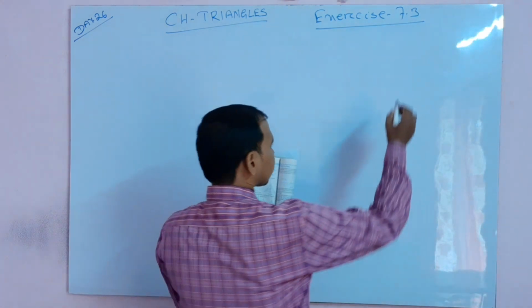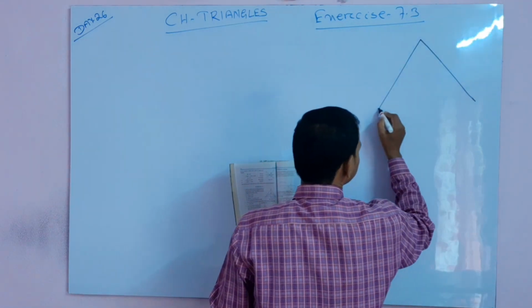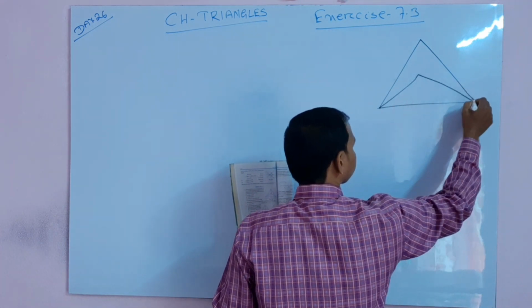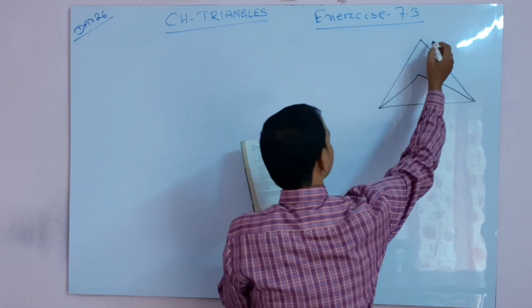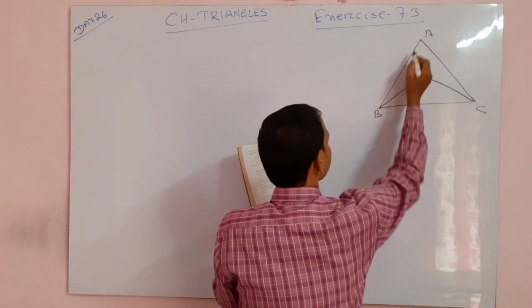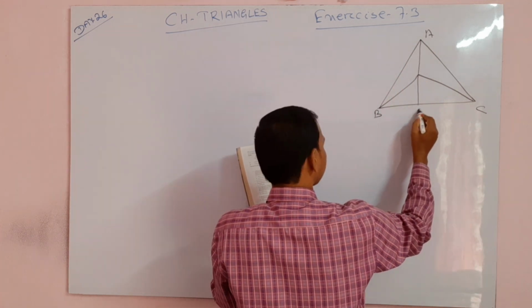Mark here a triangle, and another triangle. This one is A, this one B, this one C, and by joining AD we get this one P.